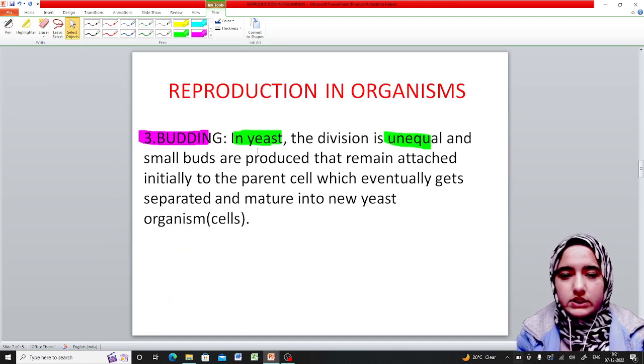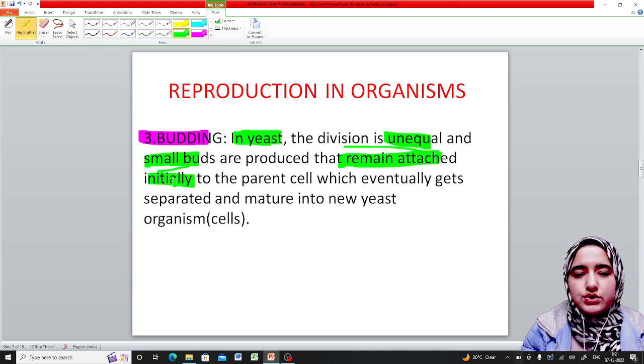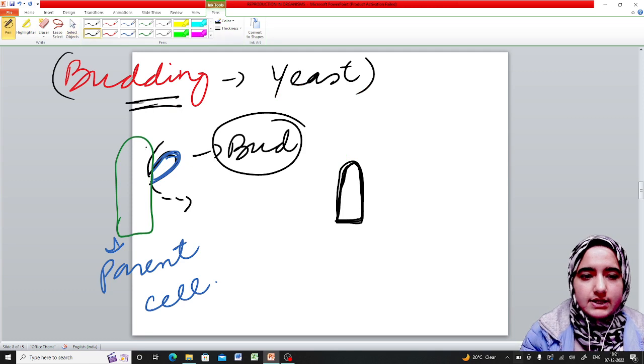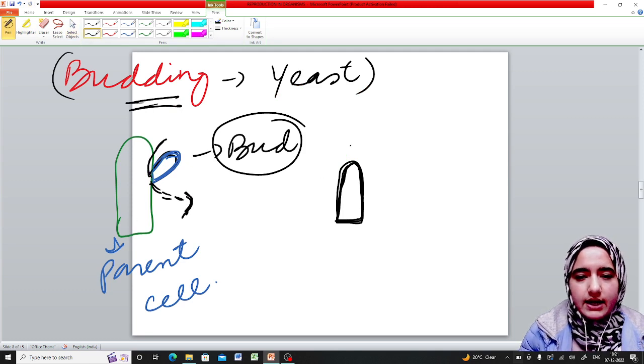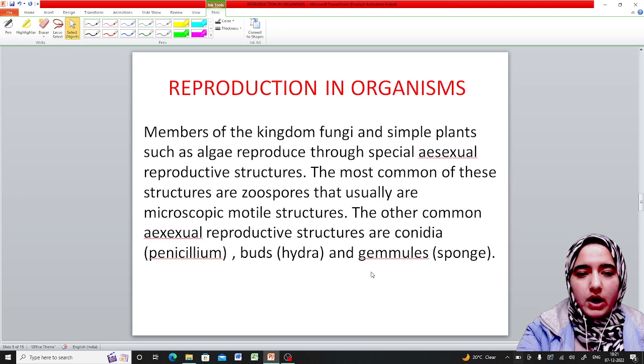Small buds are produced that remain attached initially to the parent cell, and eventually separate and mature into new yeast cells. As I show you here, the bud gets detached from the parent cell and grows into a new yeast organism. This was all about budding.